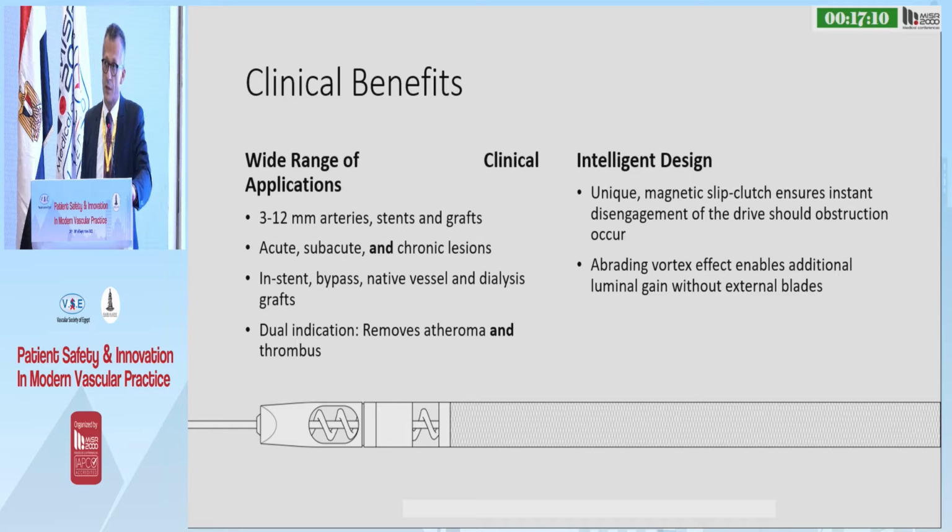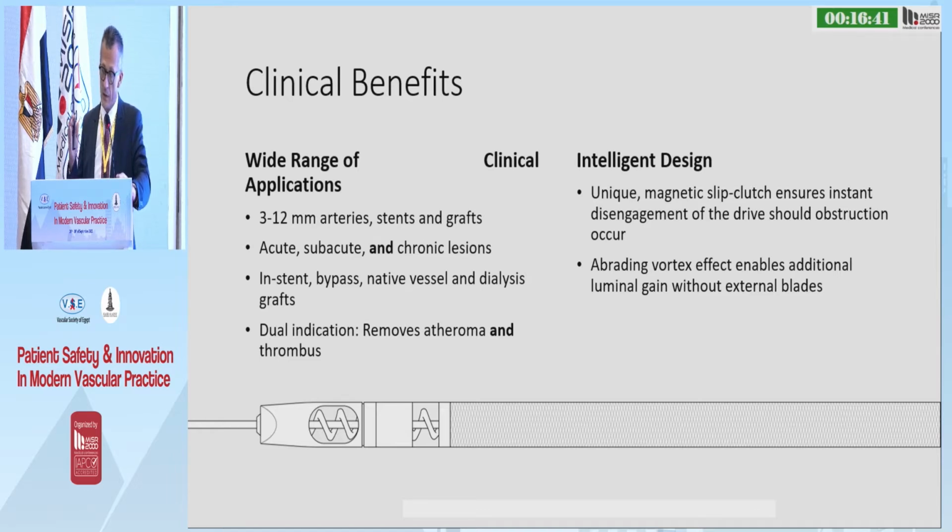The most important clinical benefits of Rotarex use are that we can treat a wide range of arteries from 3 to 12 millimeters. We can treat not only the native artery, but also in-stent restenosis, bypass occlusion, and dialysis graft occlusion, and we can remove every type of thrombotic material.